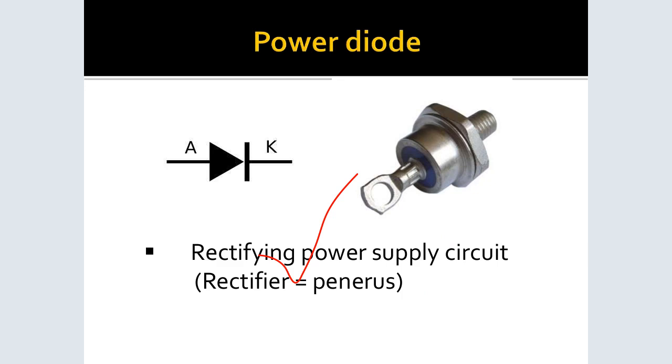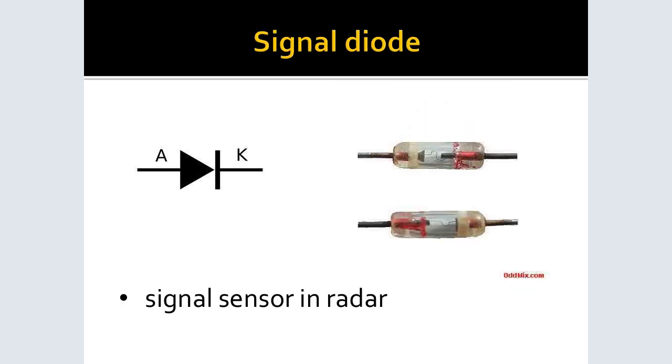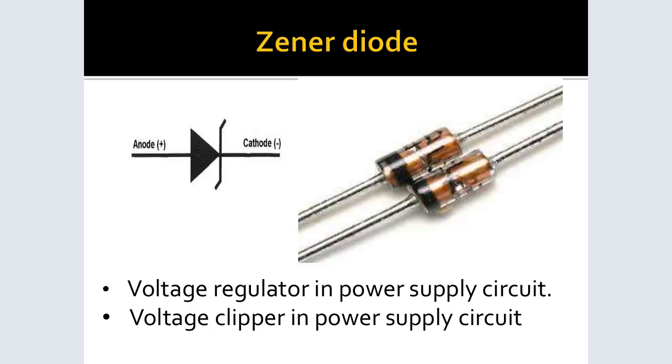We're going to explain some of the major ones later. So there is sensor, signal, voltage regulator or voltage clipper.